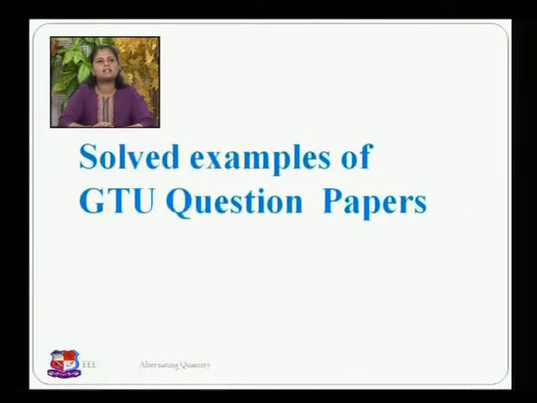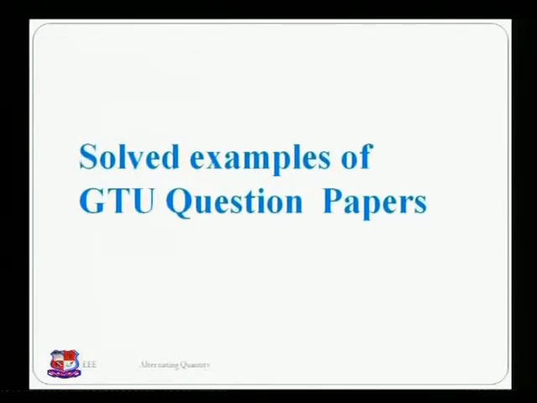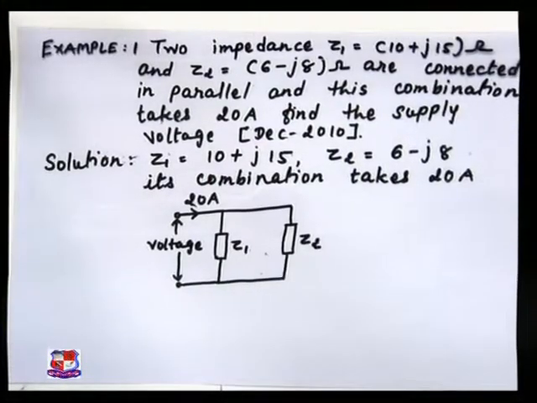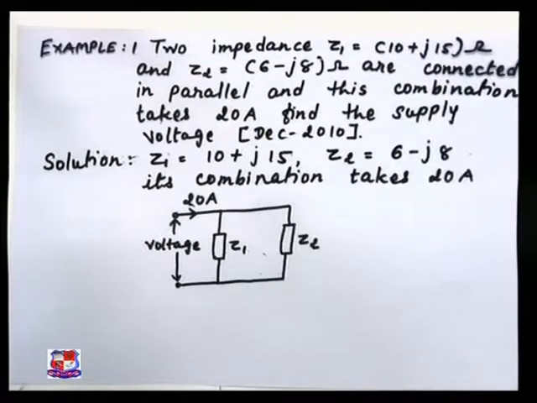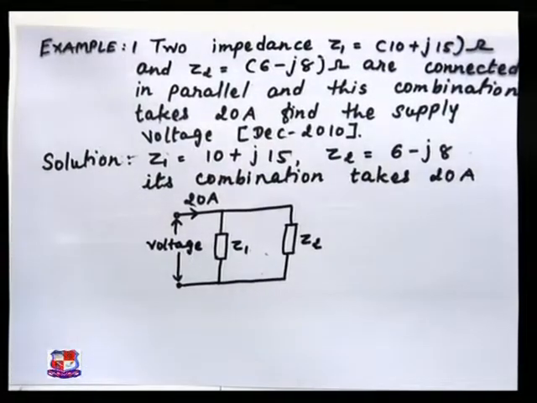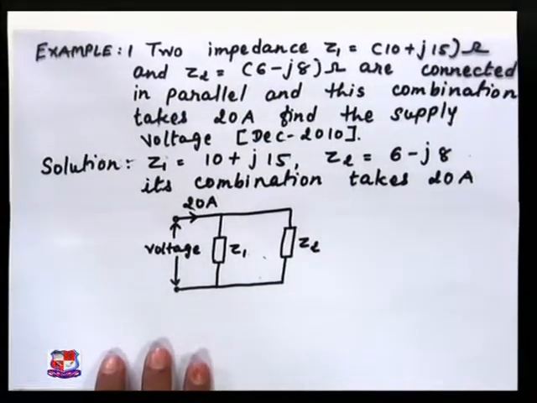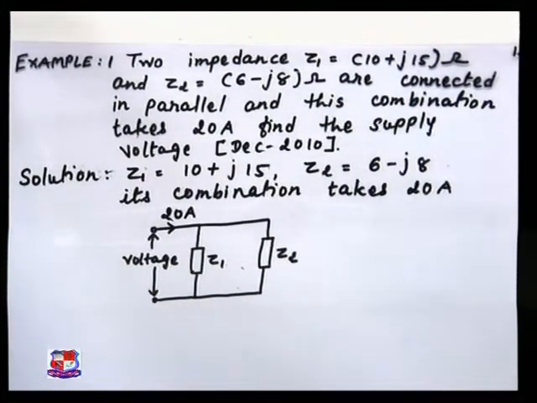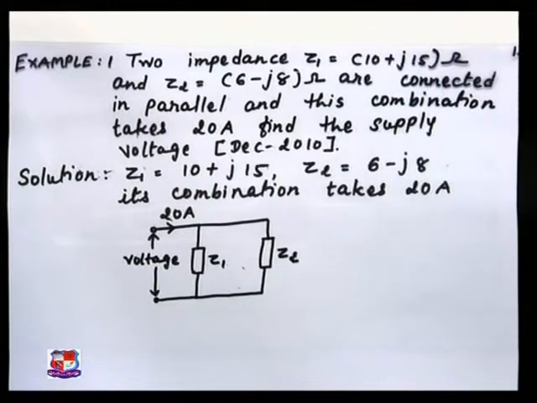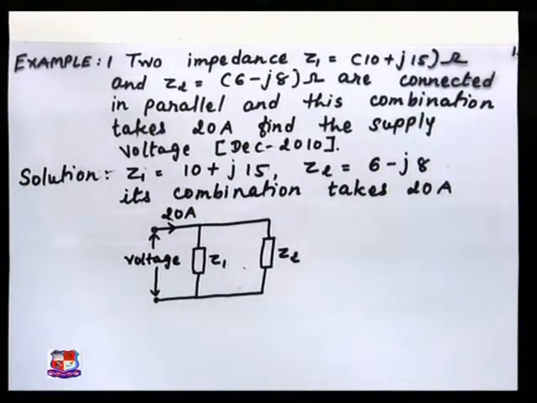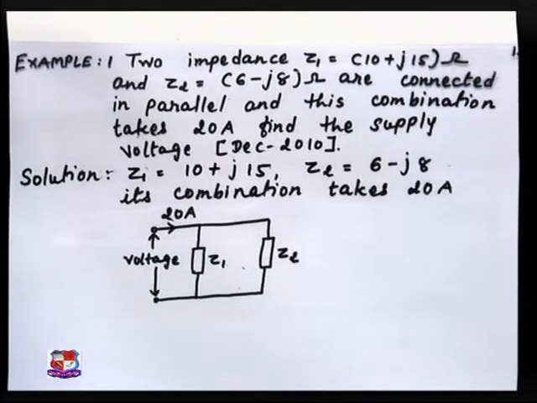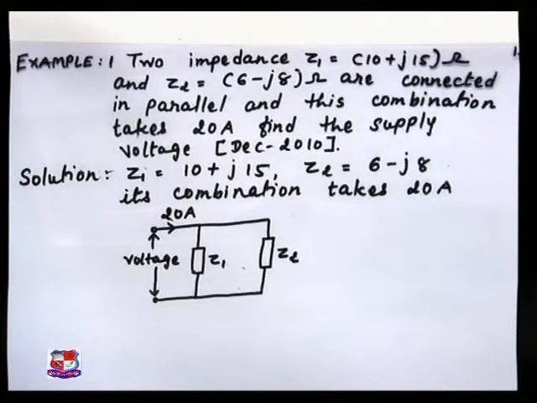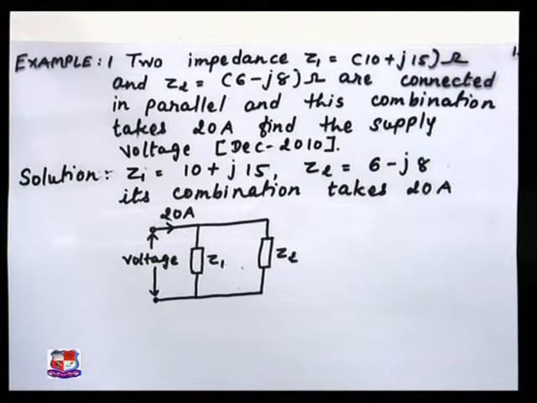Now we are solving some examples from GTU question paper. Your first example is: two impedances Z1 is equal to 10 plus J15 ohm and Z2 is equal to 6 minus J8 ohm are connected in parallel, and this combination takes 20 ampere.